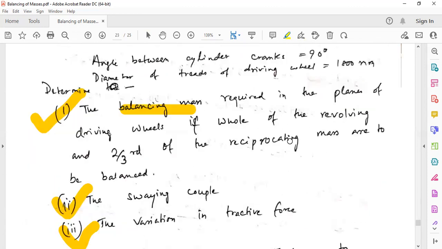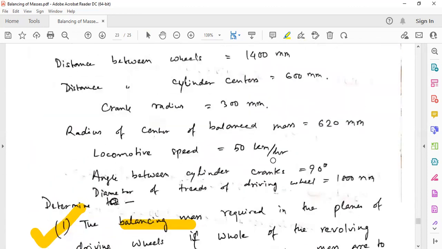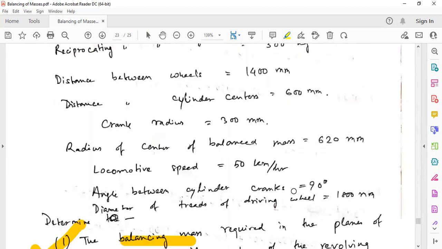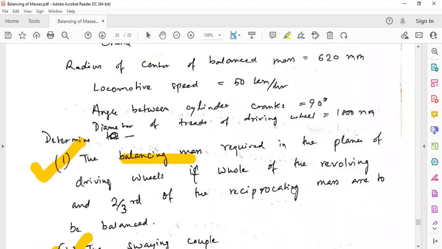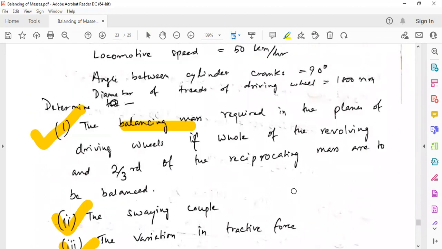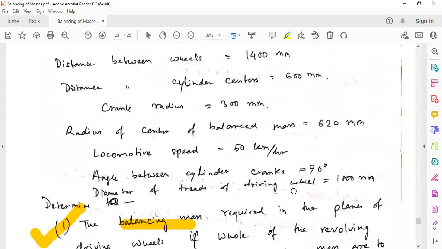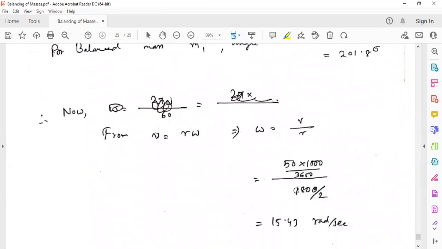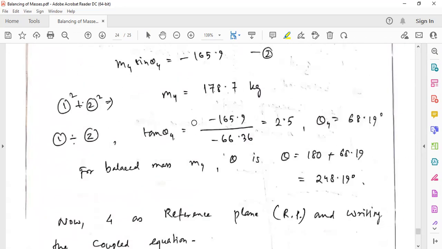Velocity is given, linear velocity 50 km/h, and rpm is also given somewhere. Sorry, rpm is not required. Not the crank radius, here the diameter of the wheel is required.